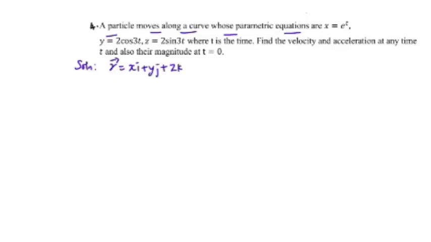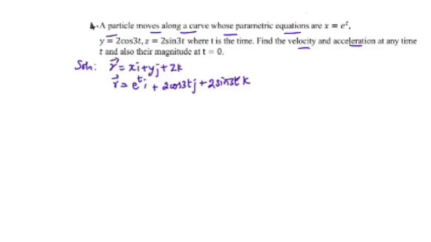Substituting the x, y, z values here, we get e to the power t i plus 2 cos 3t j plus 2 sin 3t k, which is your r vector. Now we need to find the velocity and acceleration.